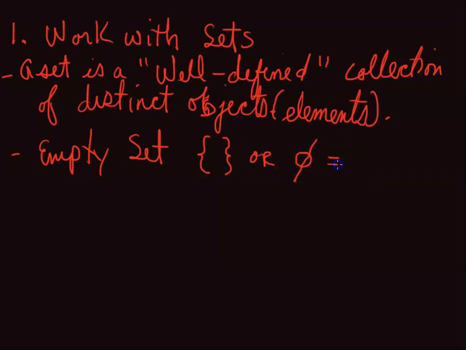Now I want to make sure you understand that it is not the same as a set of braces with this 0 and slash. This in fact is not the empty set. This is a set that contains the empty set, which is something. And so even though this empty set has nothing in it, this other set contains something. So don't mix the two. It's either braces with nothing in it or that 0 with a slash through it.